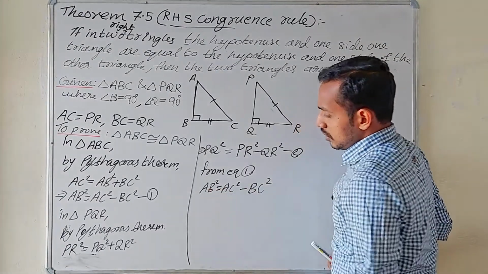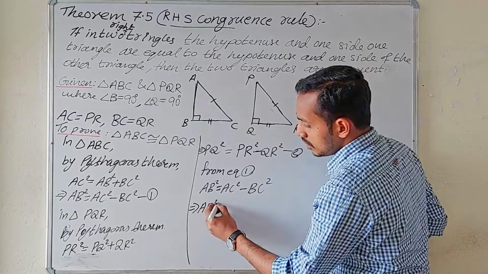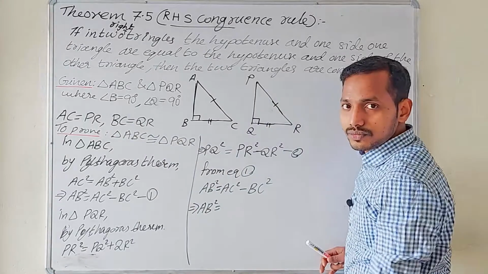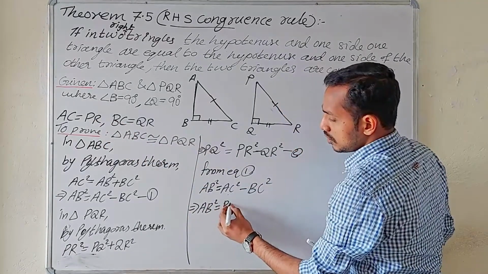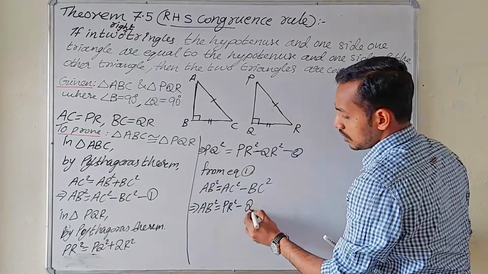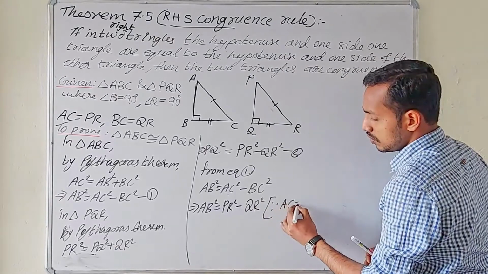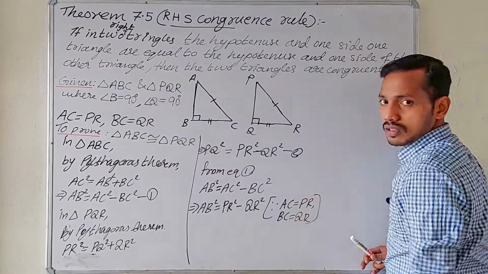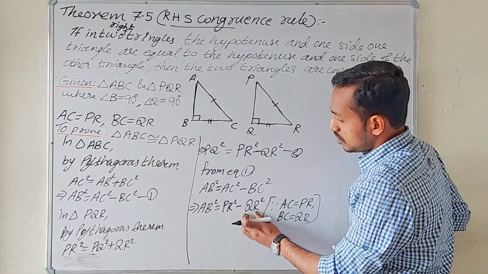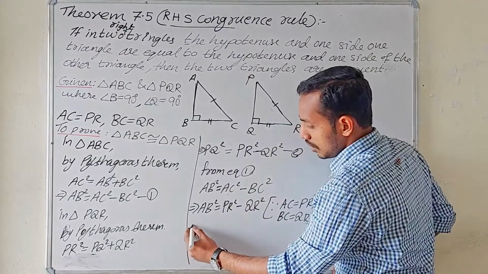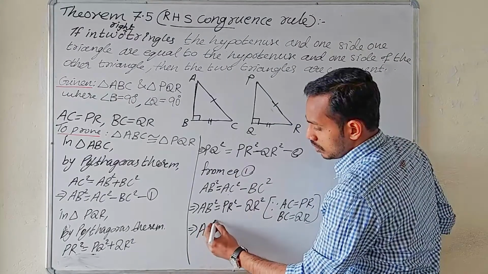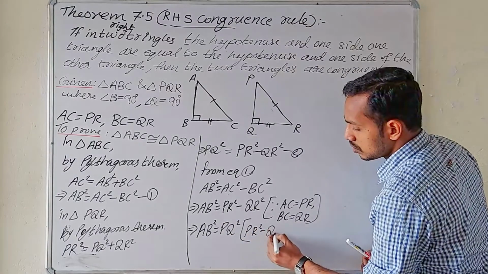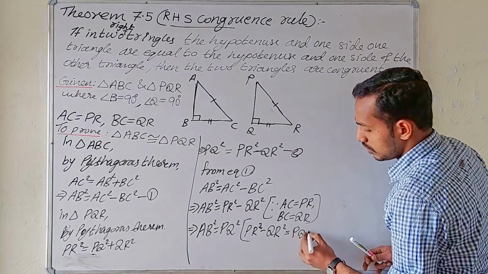Then that implies AB square is equal to, since AC is equal to PR and BC is equal to QR, instead of AC we write PR square minus, instead of BC, QR square. But PR square minus QR square is equal to PQ square, which implies AB square is equal to PQ square.